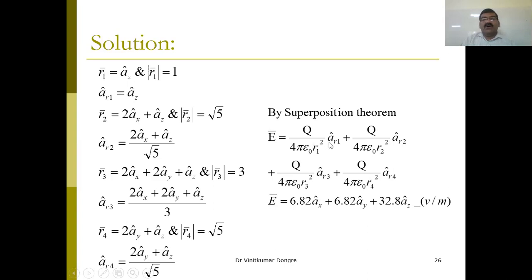So you can have all these vectors, all these unit vectors, put the values and you should get the answer. So this is somewhat a typical problem in this particular course.